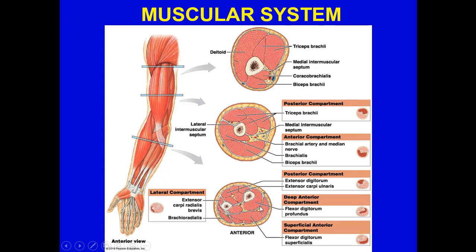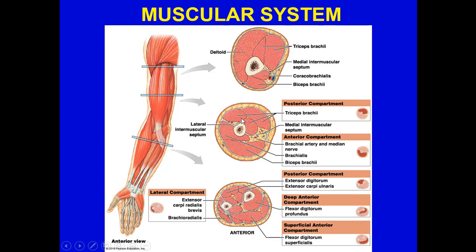As you can see, here's the compartments here. Look, here's a compartment right here. Here is another compartment. So you've got the superficial anterior compartment here of the flexor digitorum superficialis. You have also another one right around here, and notice that this is partly what you have is the radius and the ulna. Okay, and you can take the same thing and say, well, what about the triceps brachii?